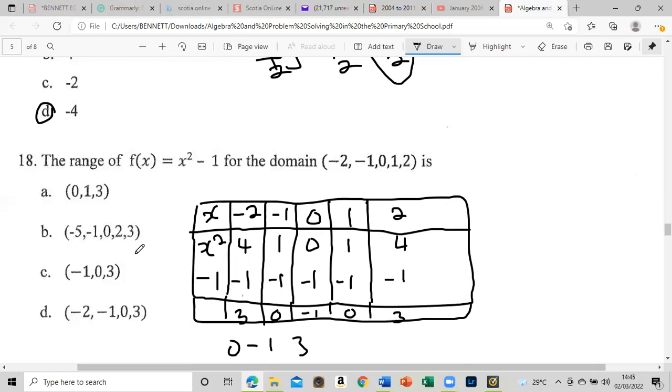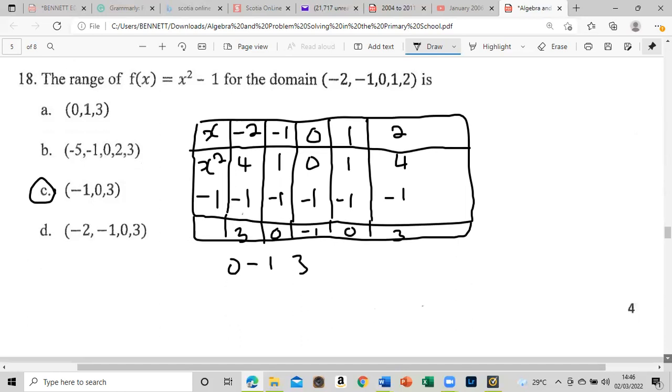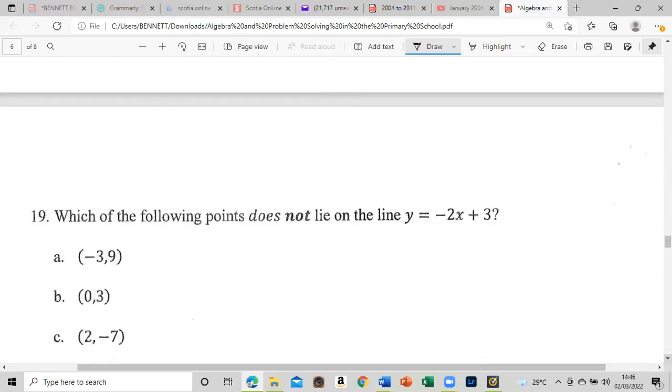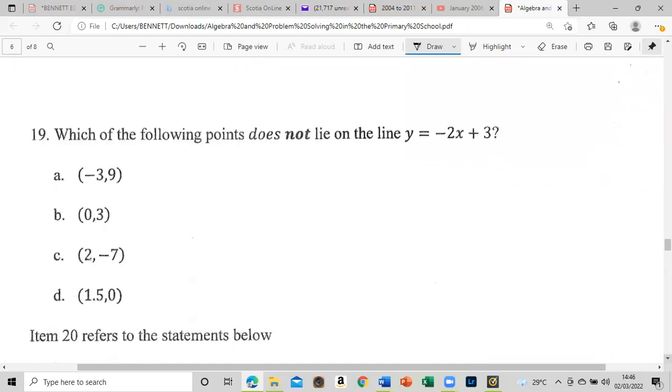Alright, so we don't want to include 5. So I just take these 3 numbers. See here? So it's C. A very interesting question. Definitely I'll give my students that. Thanks to my college friend for sending this paper to me. Really appreciate it. Wish you all the very best in university.